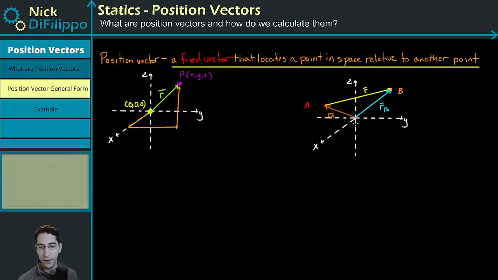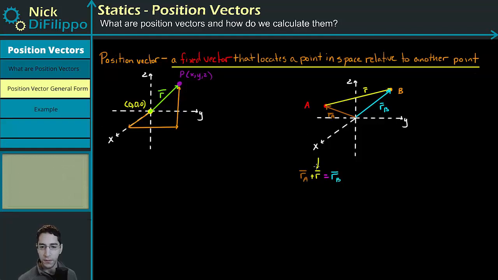And if we write this out, if we do some vector addition, we have RA plus R is equal to RB. And we can trace this just to verify this is right. If we go RA and then we add R, we get to this point RB. Okay, so now we know RA, we know RB.